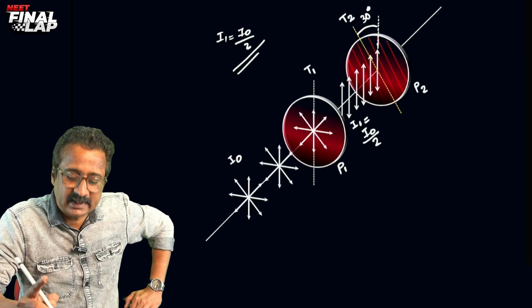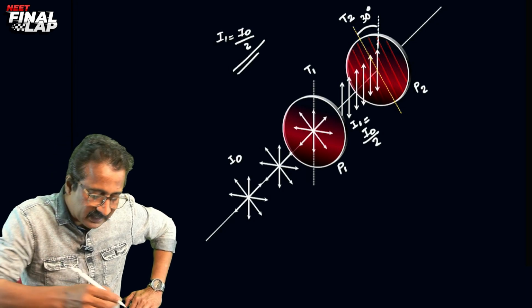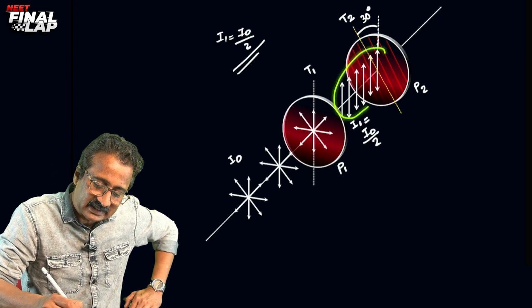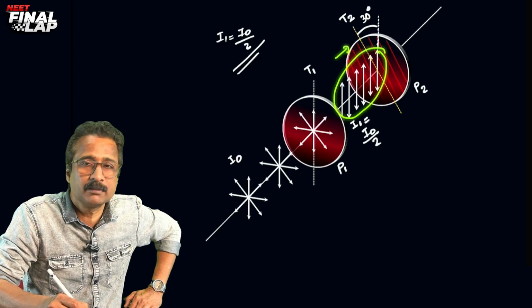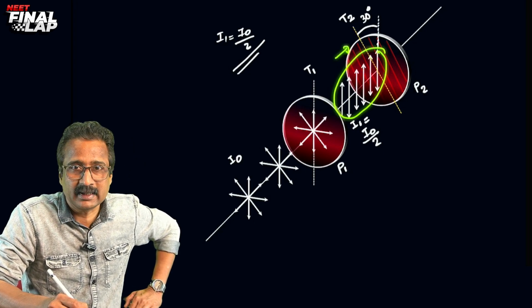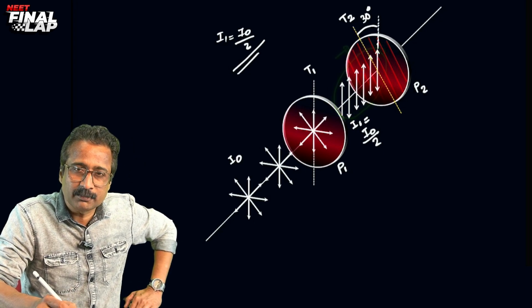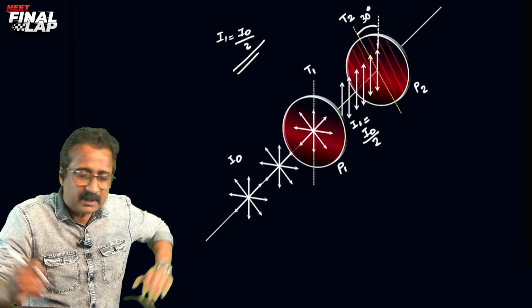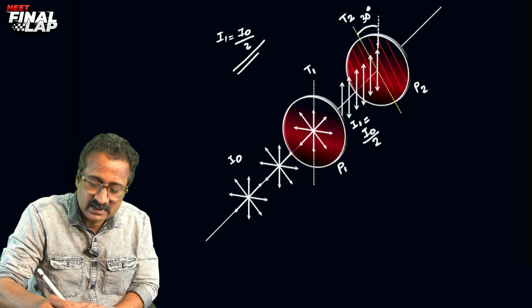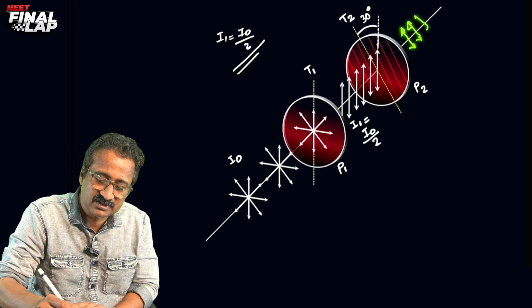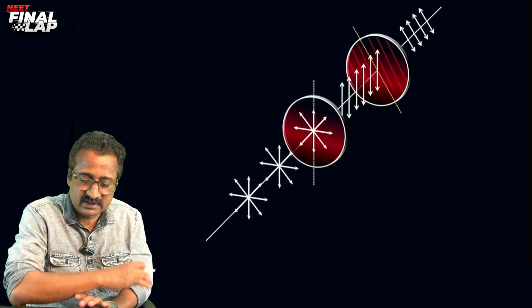Now you got to be careful because it is polarized light. This is the incident light for the second Polaroid and that is polarized. When that is passing through the Polaroid, certainly a part of that intensity also is lost. That is given by a certain equation I gave you earlier. Let me show that in the second figure.